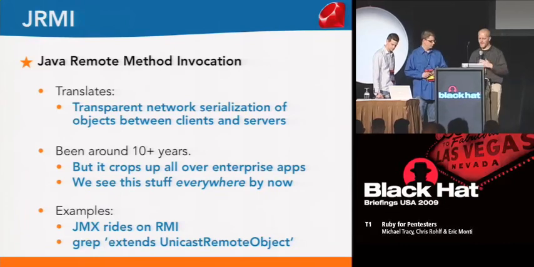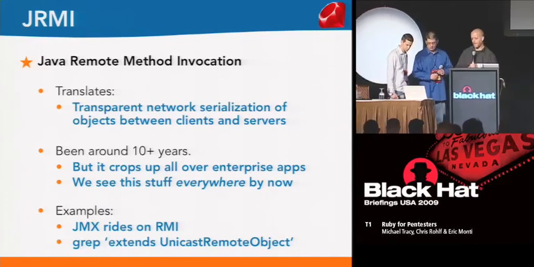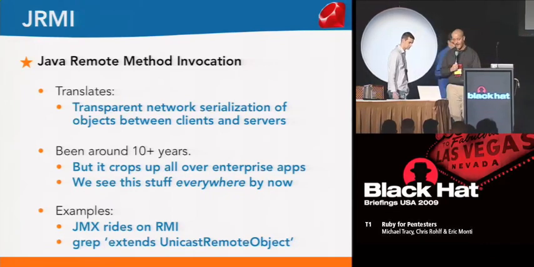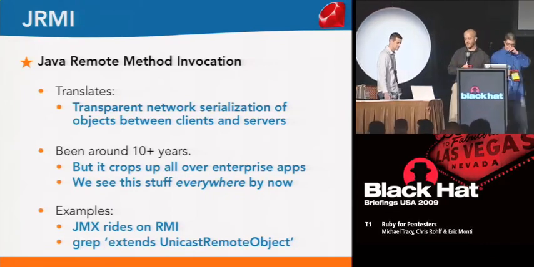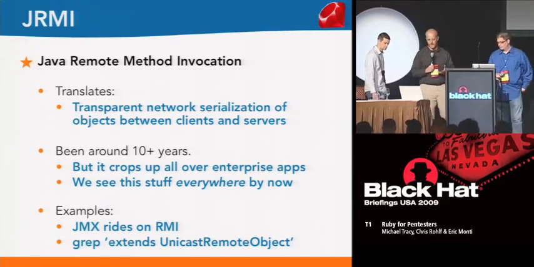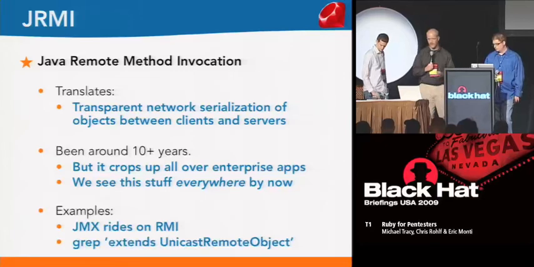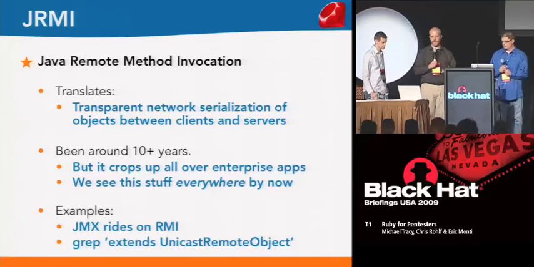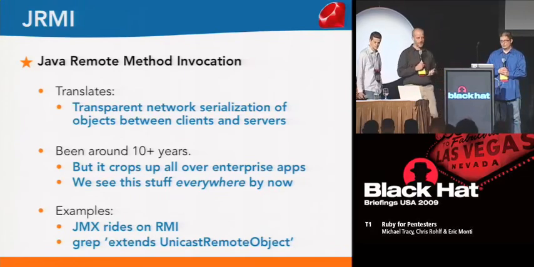So what RMI really is, maybe a definition is in order. It's Java's answer to serializing objects between clients and servers on a network and allowing them to treat them like they're local, transparently. So when you write an app around RMI, you're creating a binding to a remote interface.